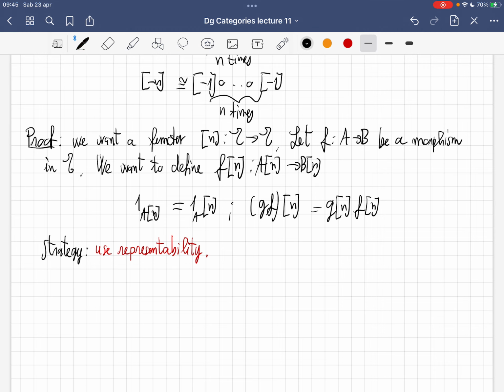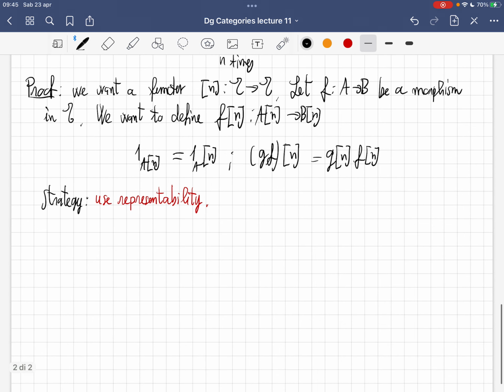So the idea is we know that n shifts are representing objects of some module, and within modules we are working with complexes, at least object-wise complexes, and shifts are well understood there. They're just shifts of complexes, object-wise, of course. So we will be able to define everything at the level of the G modules, and then using the representability isomorphisms, we will be able to go back and get what we want. So let's do this.